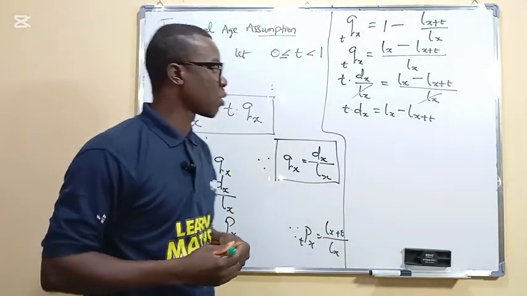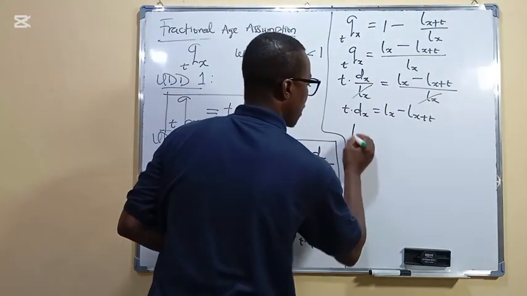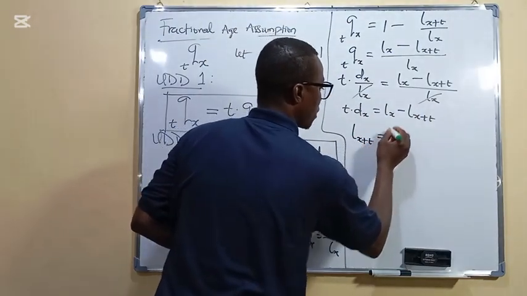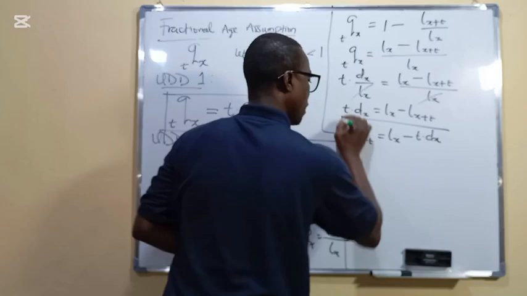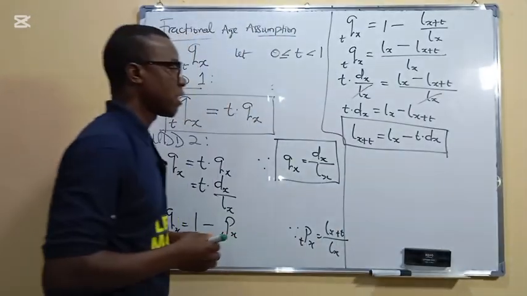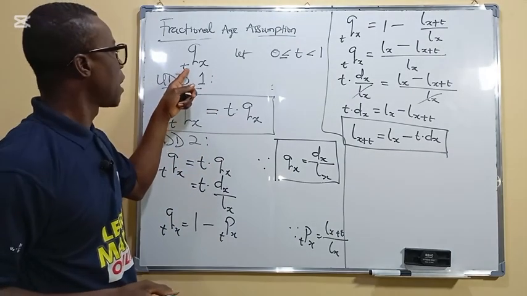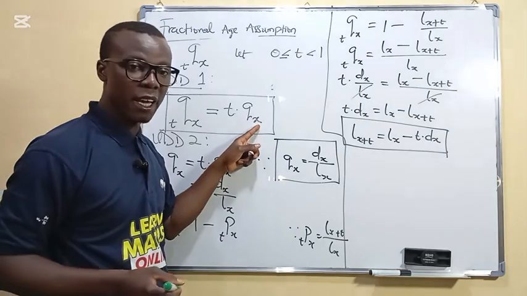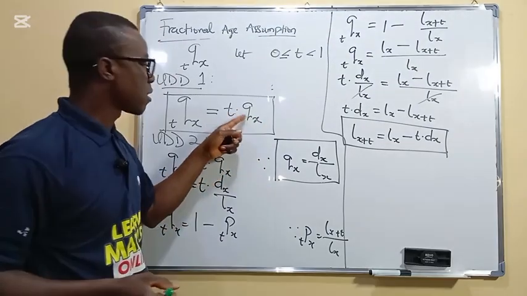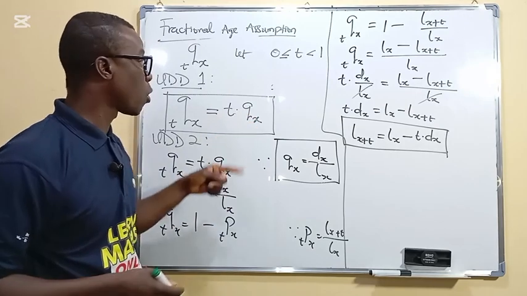Now we need to know that this is quite fundamental. I could make it look finer by bringing this to the other side, and then say lx plus t is equal to lx minus t dot dx. So now this is exactly where I want us to be. The first assumption here is that we're able to have qxt equal to t dot qx. That's talking about t times the probability of a life aged x not surviving beyond 1 year.